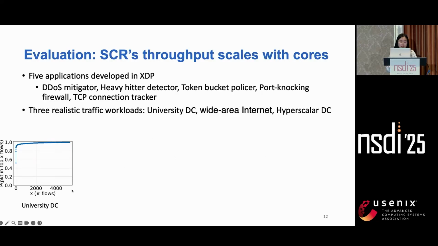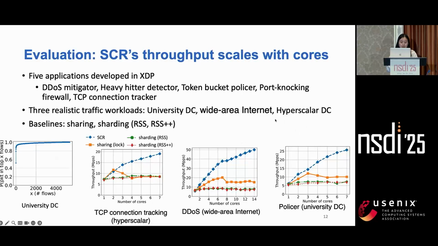So here is one example. And we also compared SCR with other approaches, sharing and also sharding. For sharding, we use RSS and RSS++. So we can see that SCR is the only approach that can monotonically increase performance with cores.